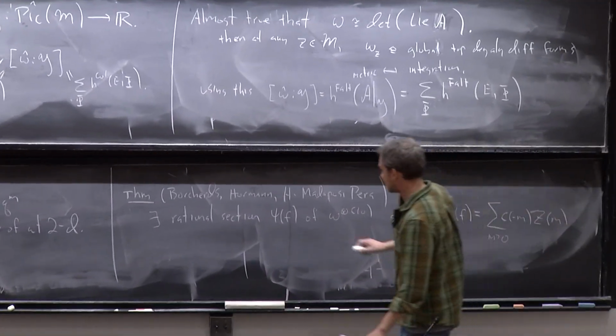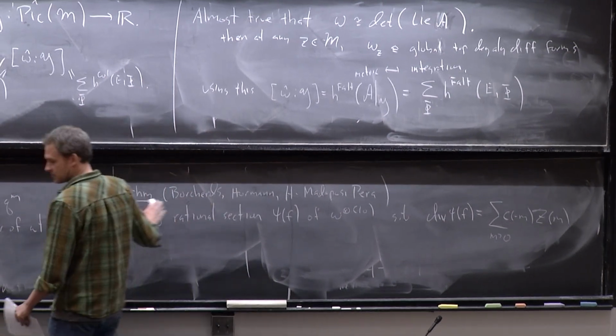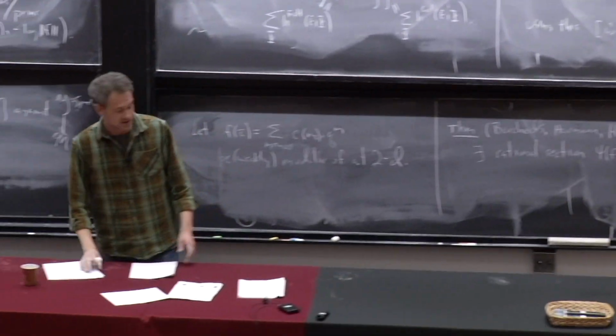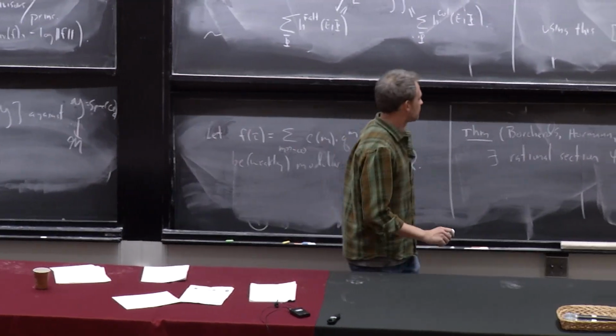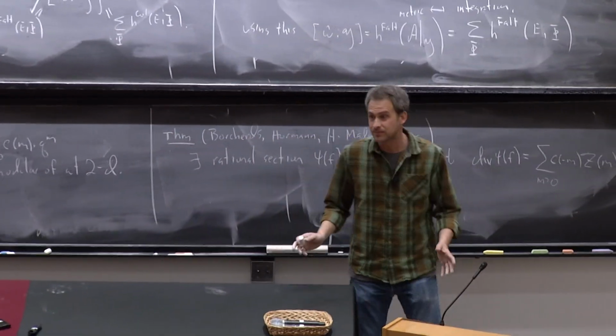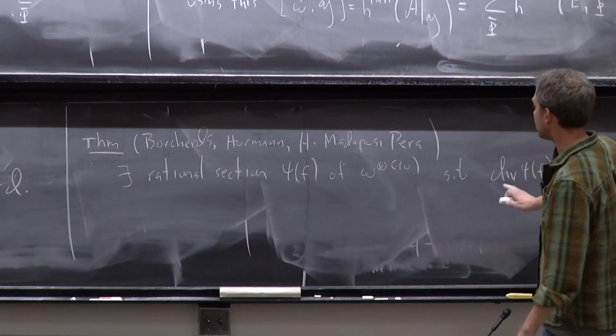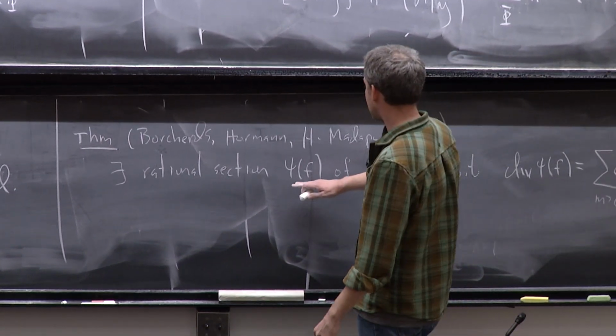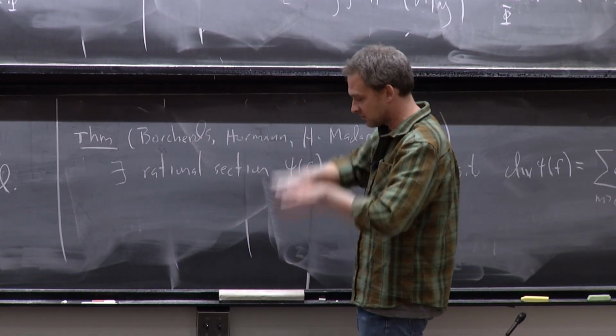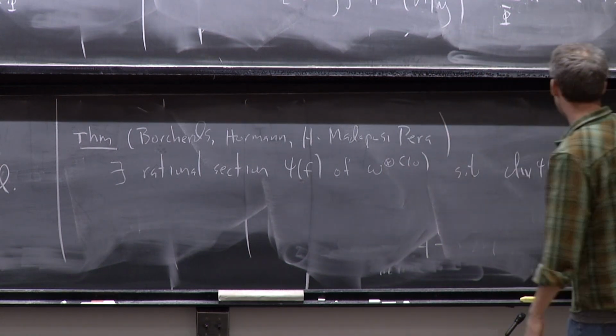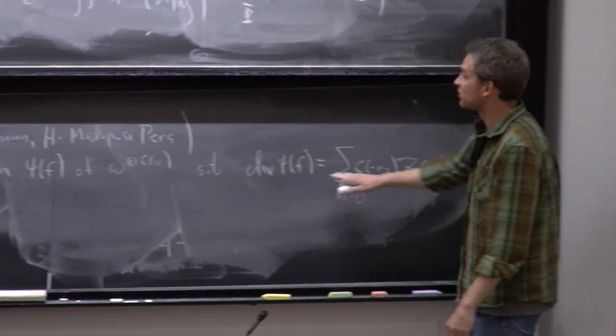Okay. Why is there a bunch of names here? Borcherds proved this, but everything that Borcherds did was just on the complex fiber. So first of all you have to argue that this thing is algebraic and defined over Q, and then you have to compute its divisor on the integral model.